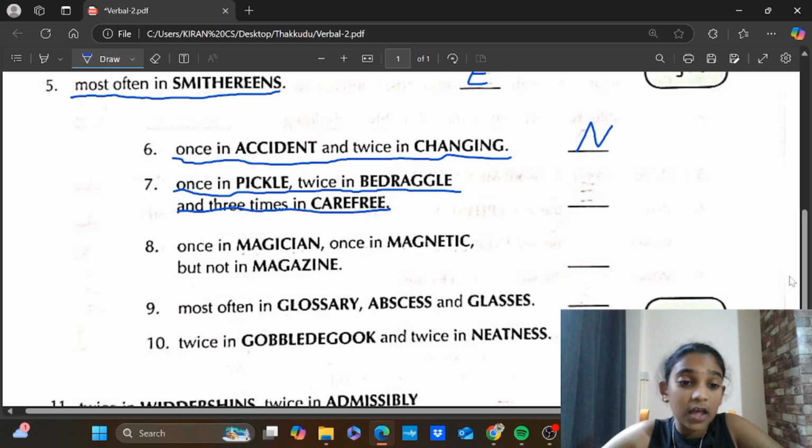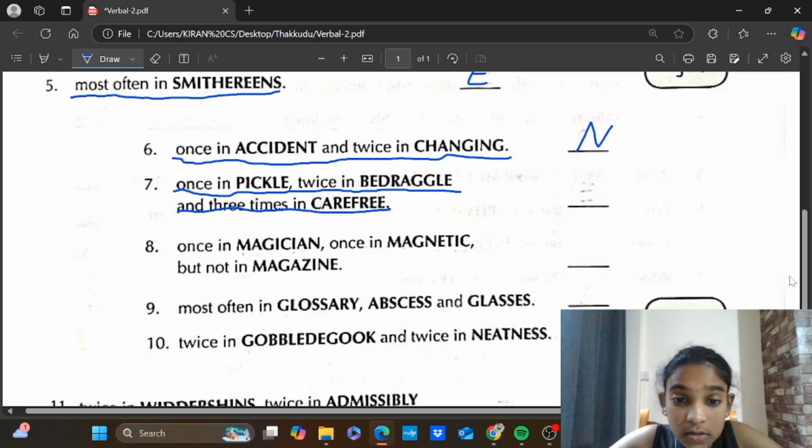Okay, so P, it comes once in here. Does it come twice? No, it doesn't. What about I? It comes once. It doesn't come twice or 3 times. What about C?